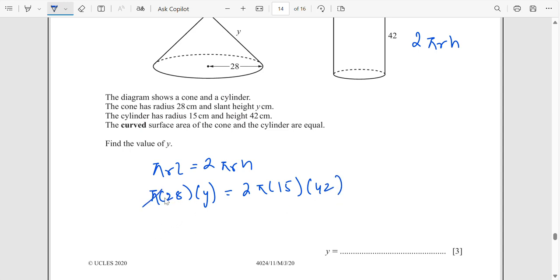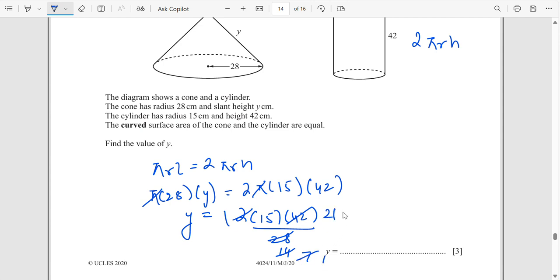So pi will cancel out with pi, and y will be 2 into 15 into 42 divided by 28. Let's just cut this. 2 ones are 2, 2 fours are 8, 2 sevens are 14, 2 twos are 4, 7 ones are 7, 7 threes are 21. So in the end, we'll get 15 into 3, and we're going to get 45.